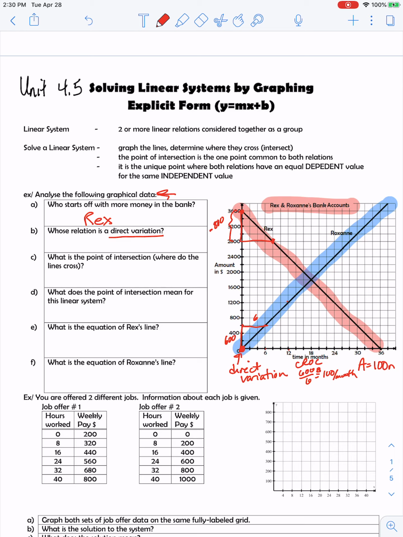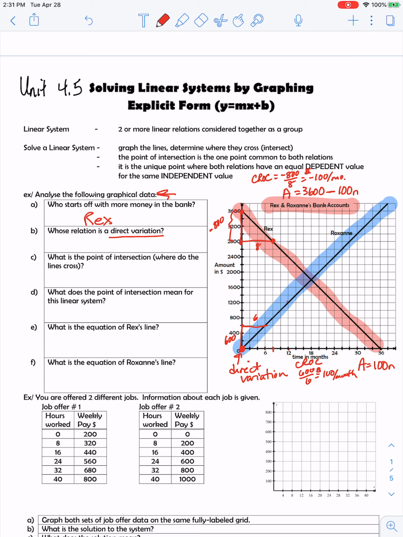The run is from 0 over to 8, so that's a run of 8. So the slope is minus 800 over 8, which is minus $100 per month. So he's losing money. For Rex's equation, the amount of money in his account, he starts out with $3,600 and he's losing $100 every month.